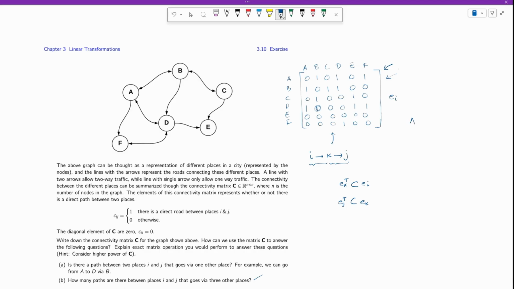The question is, you have to go from A to E. Does this path exist? No, don't look at the graph. You need to tell me that from the matrix. The graph is just for you to verify if the procedure that you've come up with actually works.